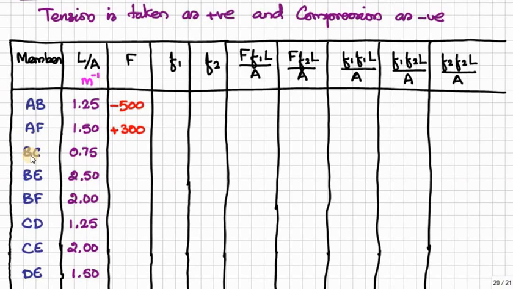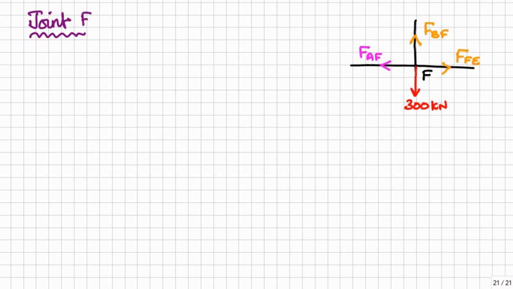Now next we have to go to the next joint. So we consider the next joint, F. Here we have 3 members, but out of the 3 members we have already calculated the member force for AF, that means FAF.